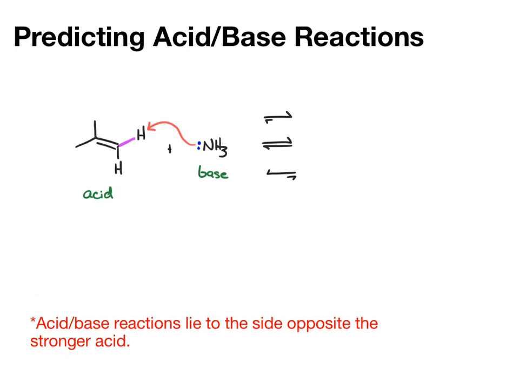Then we have to add a second arrow that shows the electrons in that CH bond. Those leave the hydrogen and go onto the carbon as a lone pair. So now let's draw the products of this reaction.